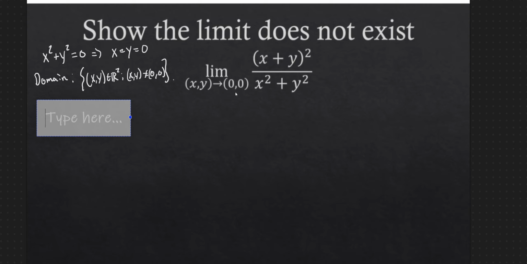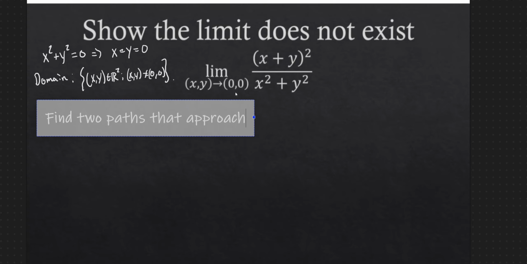So if I think of the negation of this, this tells me that if I can find two paths such that the function values along those paths do not approach the same number, then the limit does not exist. So this is what I want to do. Find two paths through the origin, through the point that we're taking the limit at, through 0, 0.